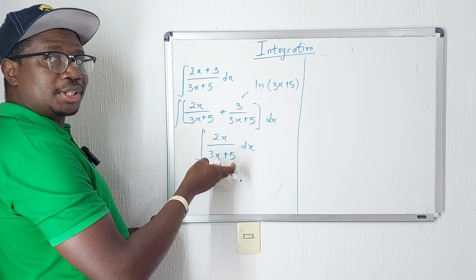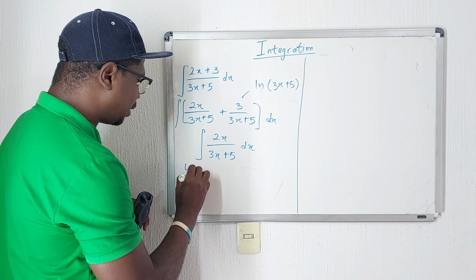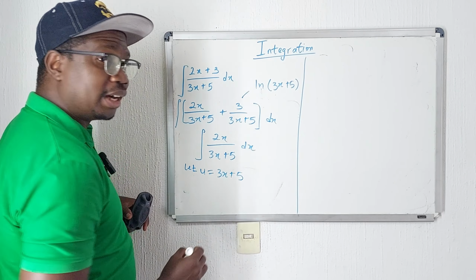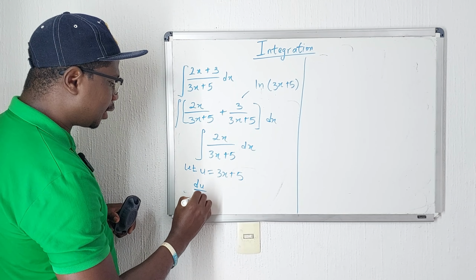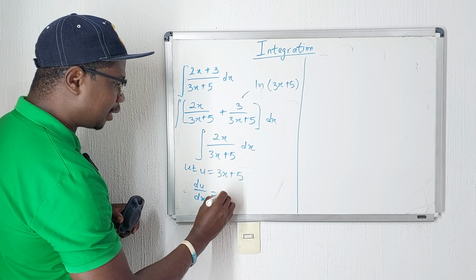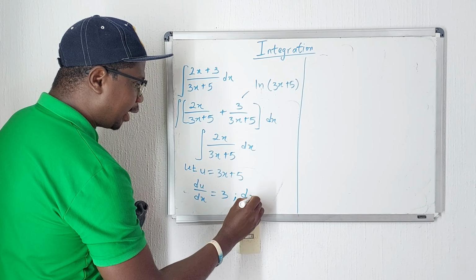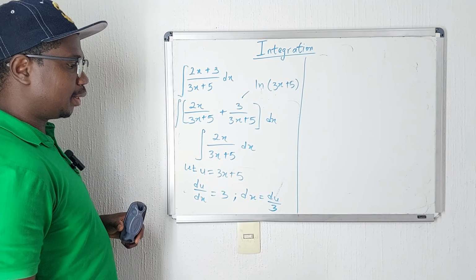We can use the substitution and say let u be 3x plus 5, right? Then du/dx is 3. So dx is du over 3, right?